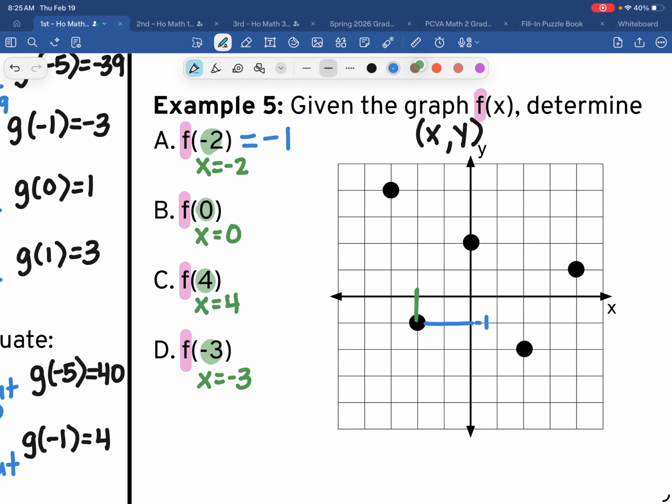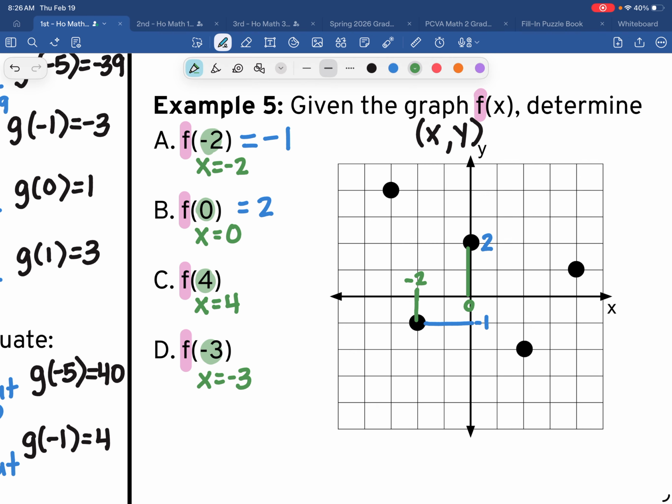All right, so then for the next one, I'm going to go to the x value of 0. I'm going to go up to the point, and I can see that the y value that goes with that point is +2. So that's going to be my output.